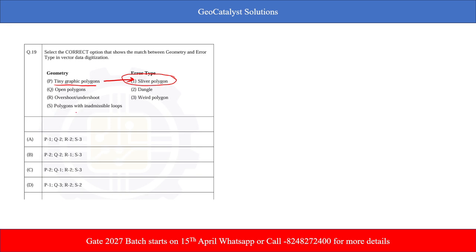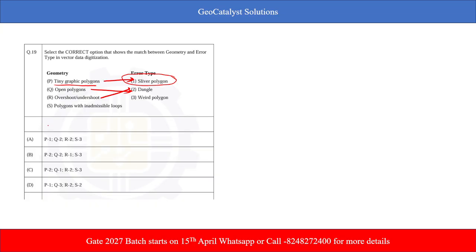Then open polygon. So open polygon has edges that don't properly close. Okay, so this creates a dangle. And overshoot or undershoot also: line extending beyond or falling short of intersection, and this creates dangling arcs. Okay, so that also is dangle.